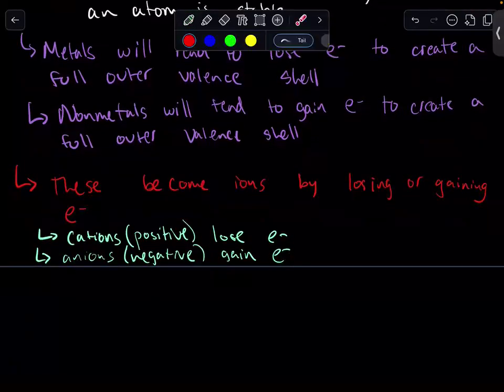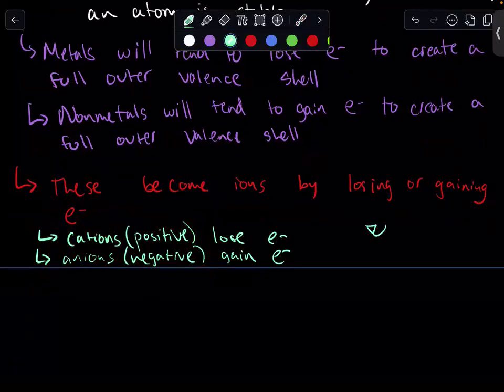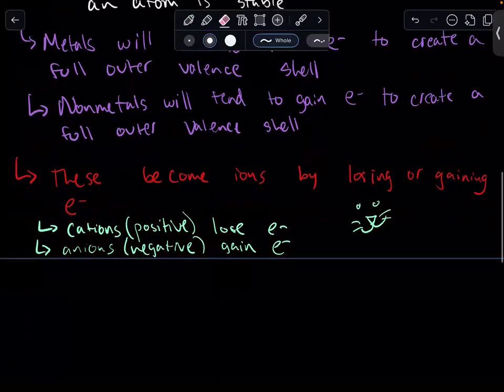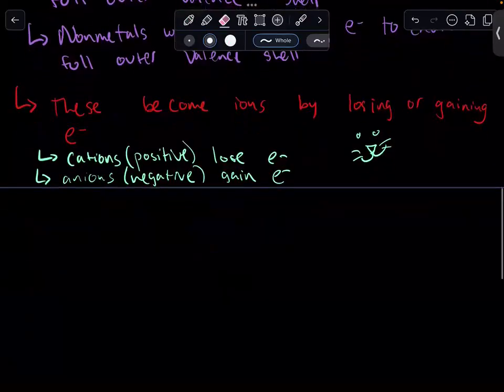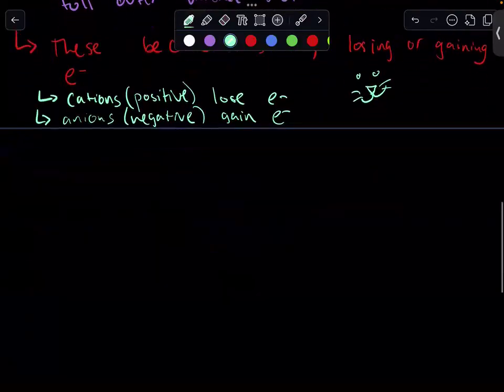A good way to remember cations and anions is you can think about a cat. If you think about a cat, and we're going to get a really bad drawing of a cat, cats have paws and therefore they're positive. So cations are positive. Anions are not cations, therefore they're negative. So you just have to remember the one.